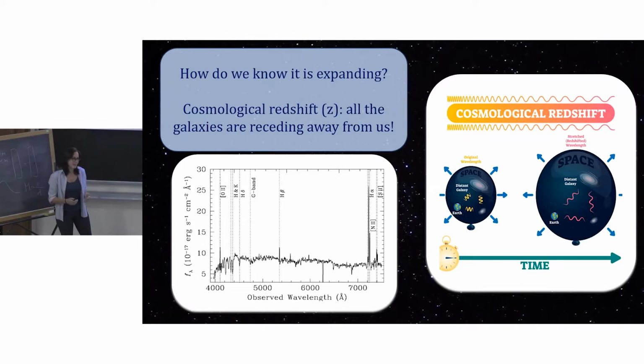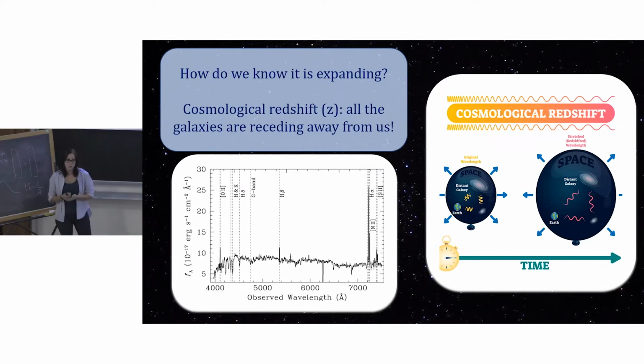This means that the galaxies are moving away from us, and this is why their wavelengths are redshifted, so they become larger. And this is happening everywhere, so it means that the universe as a whole is expanding. This is what we call the cosmological redshift, the amount by which the spectrum is shifted.